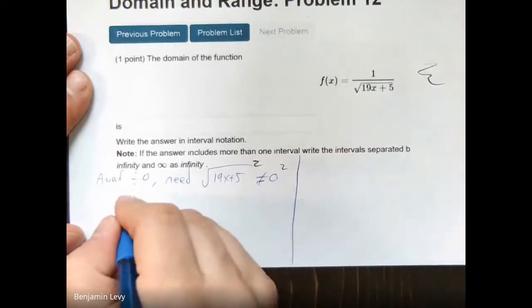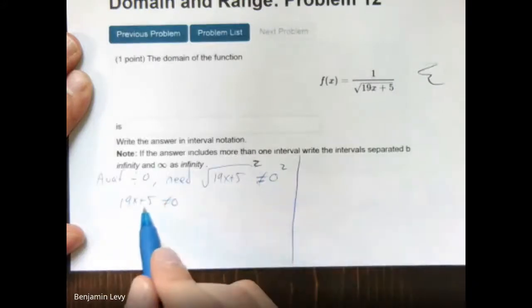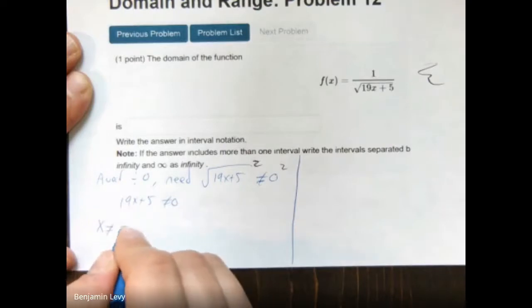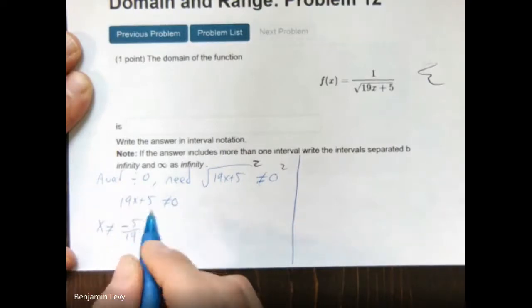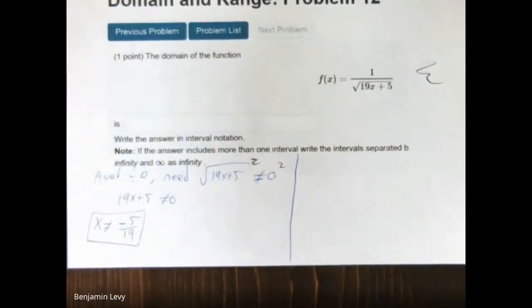We get 19x plus 5 can't be 0. And then we would subtract 5 and divide by 19, and so x can't be minus 5 over 19, right? And so we need to avoid that one particular point, minus 5 over 19.